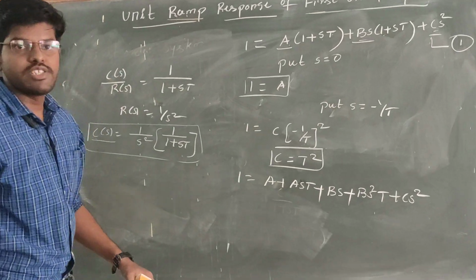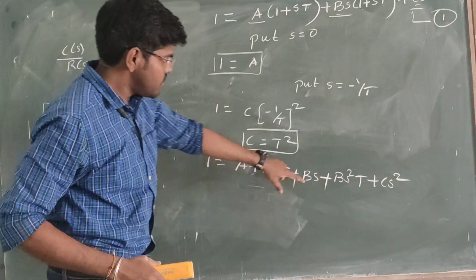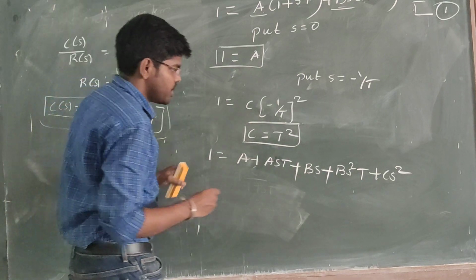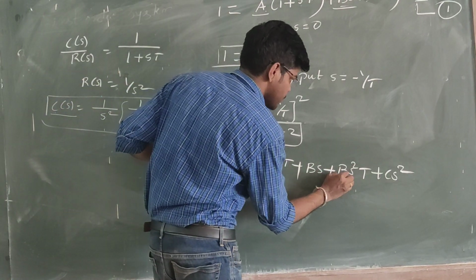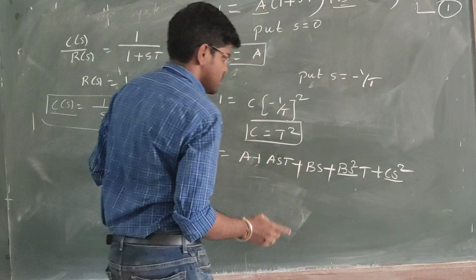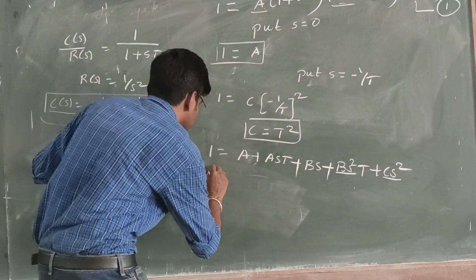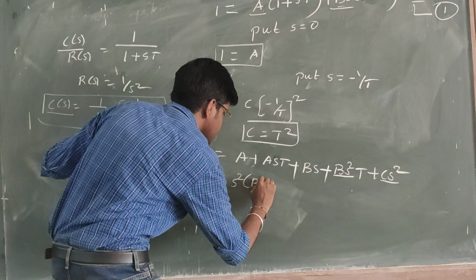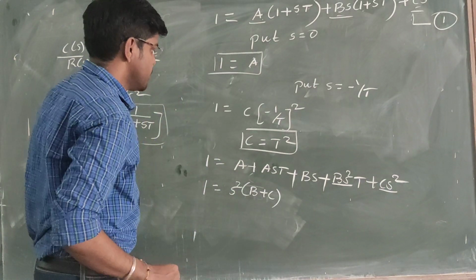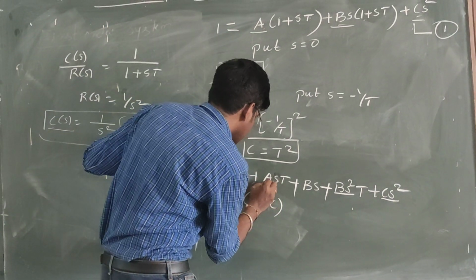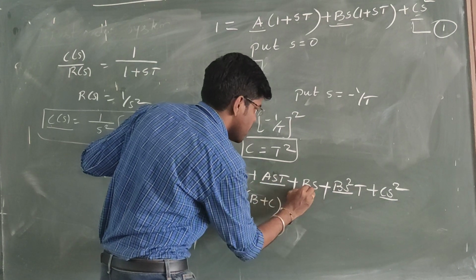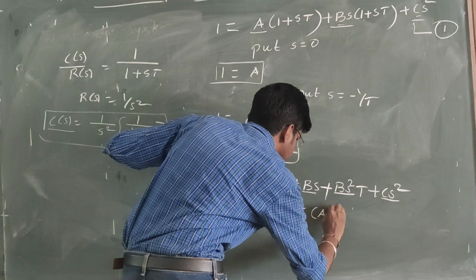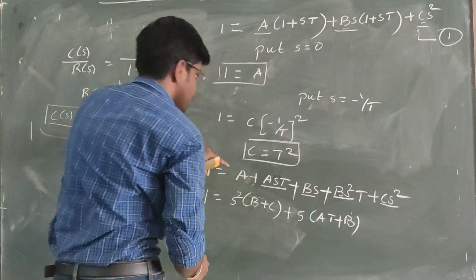Okay, and separate the coefficients of S square, S term and constant in that equation. So we have S square, the first term B into S square plus CS square. So find the common term here. 1 equals, take S square outside, will be B plus C. Okay, and separate the term S. So one is AST and BS. So plus, we'll take S outside, this A into T plus B, and the remaining term is plus A.